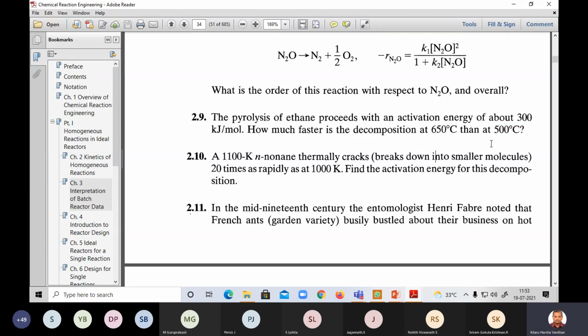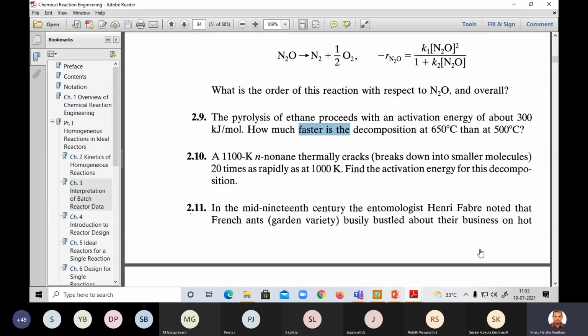So he's giving two temperatures, T1 and T2, and the activation energy E. As temperature increases, the decomposition will be faster, maybe exponentially. He's asking how many times faster, so you have to find K2 by K1.